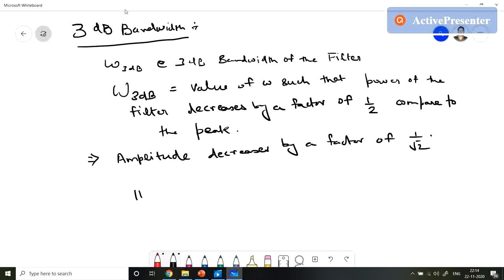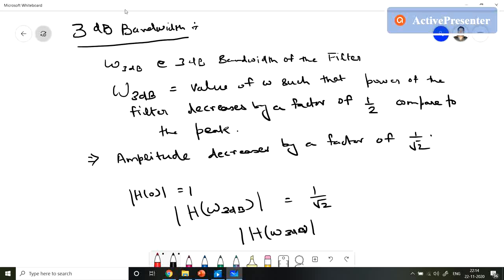Here modulus of H0 is equal to 1, and the magnitude at the 3 dB frequency is 1/√2. The amplitude squared is then 1/2 into 1, where 1 is basically the peak value.